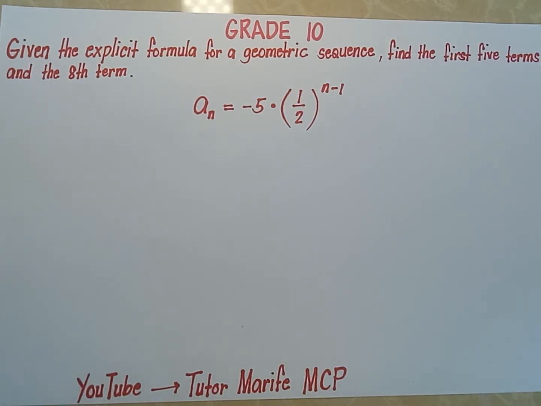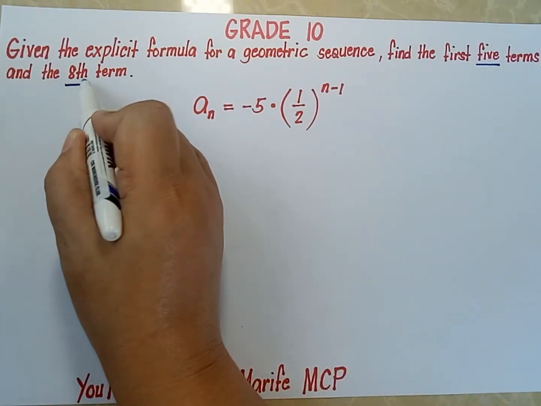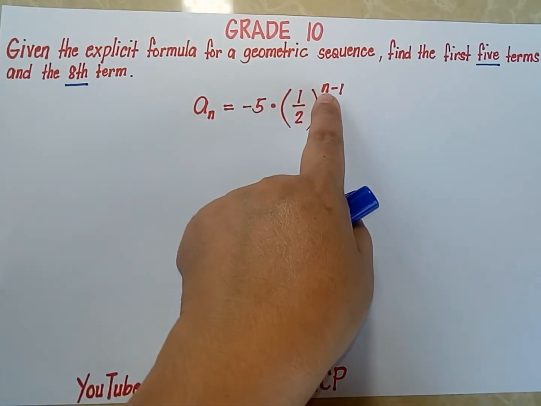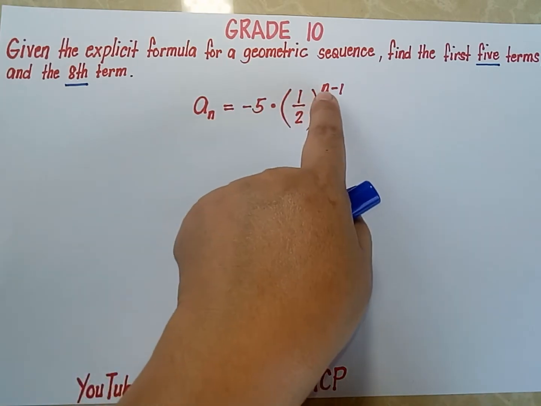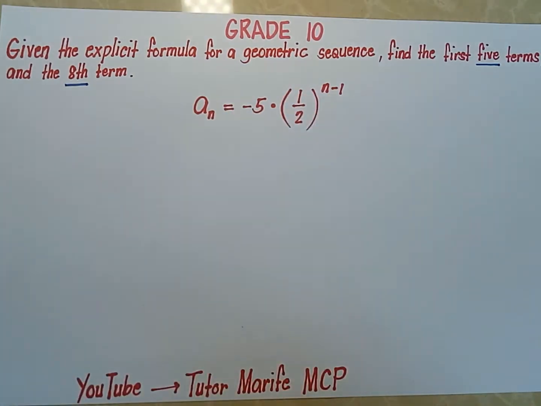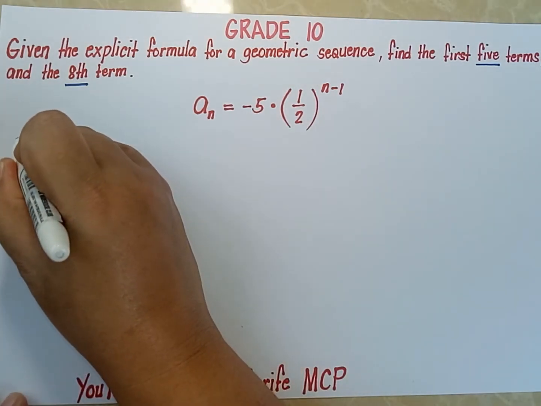So, gaya nga ng sinabi ko kanina, magsa-substitute lang tayo ng n equals 1, 2, 3, 4, 5, and so on. So, ipa-plug in mo lang yung mga values na yon dito sa n ng given formula. So, let's solve for the first term of the geometric sequence.